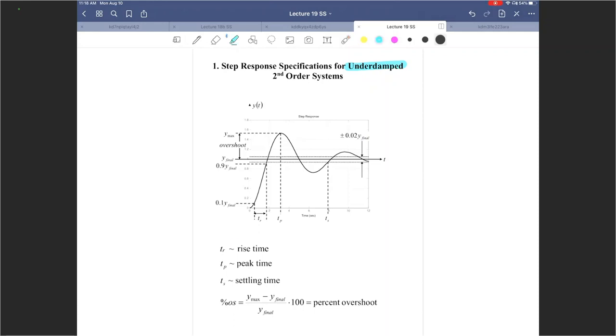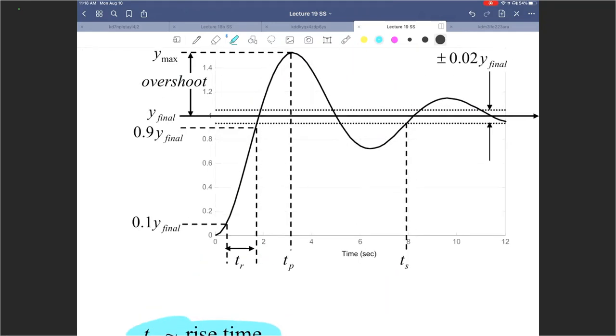The first parameter is the rise time, which is how much time it takes for the response to go from 10% of the final value to 90% of the final value. If this is the final value, y final, that's the value to which y of t settles, the step response settles to that value in the steady state finally.